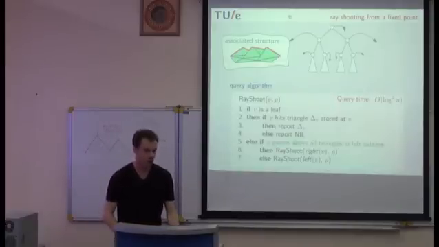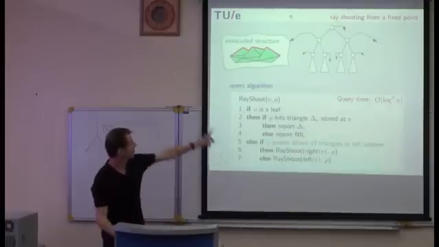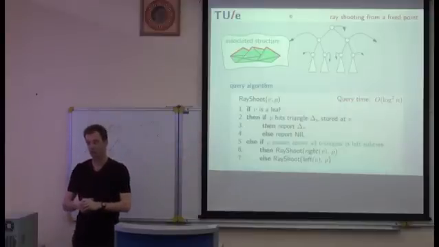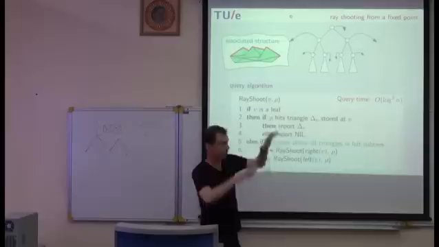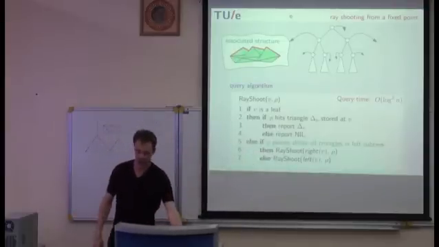What's the amount of storage? Well, I have lots of these upper envelopes, and the amount of storage is basically the sum of the complexities of all these upper envelopes. And how much is that?